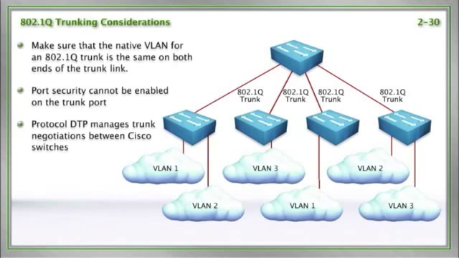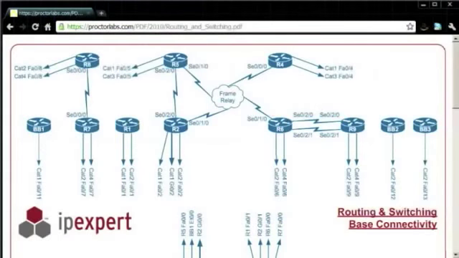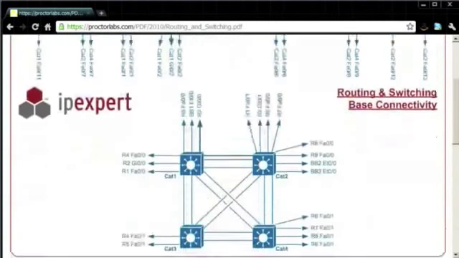Now, before we can do that, I need to see the topology real quick. In fact, I can show you right now. Let's take a look at the topology utilized by our Proctor Labs folks for the switches.